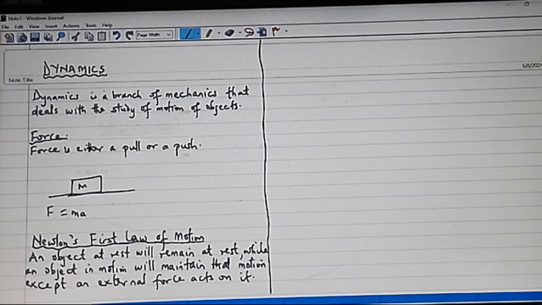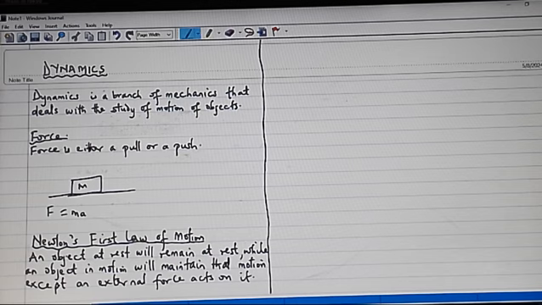Like I said earlier, Newton's first law of motion states that an object at rest will remain at rest, while an object in motion will remain in that motion except it is acted upon by an external force. Newton's first law is generally regarded as the law of inertia.